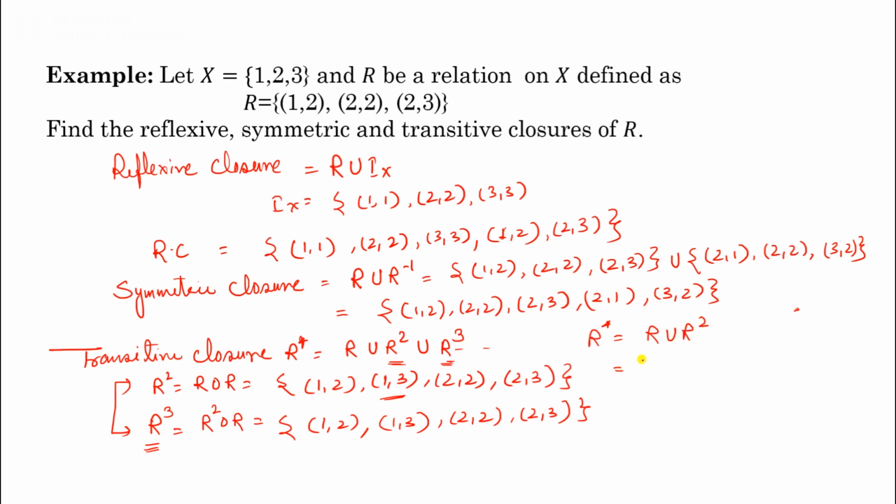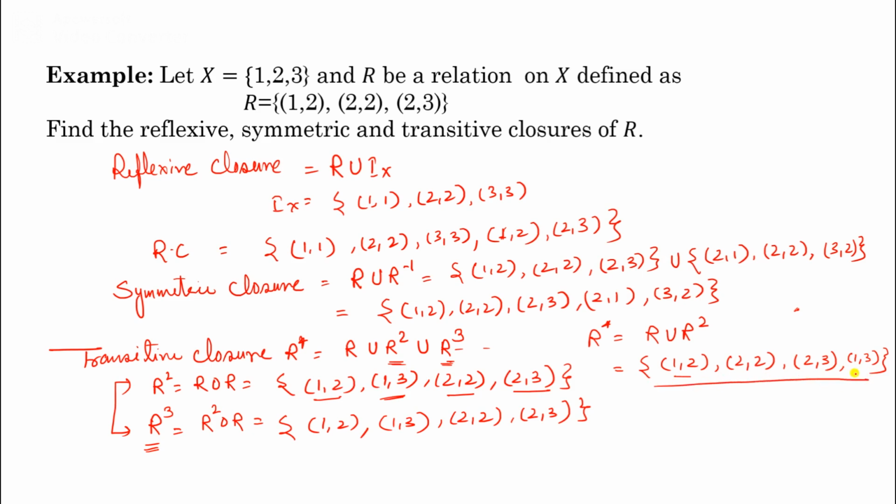So if you find this, you can write r: 1 comma 2, 2 comma 2 and 2 comma 3. Now r square is 1 2, which is already written, 2 2 already written, 2 3 already written, only one element, 1 comma 3, is new.